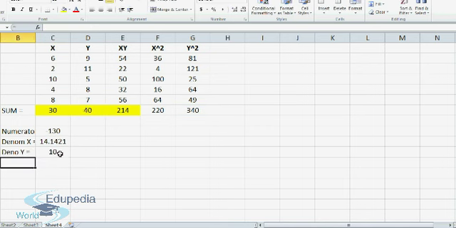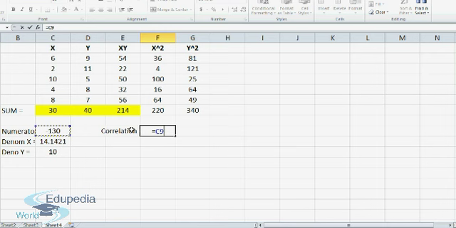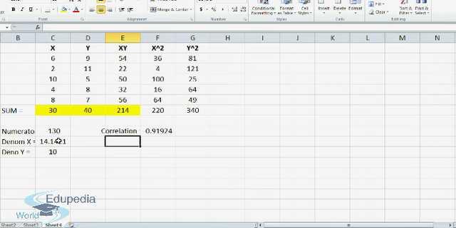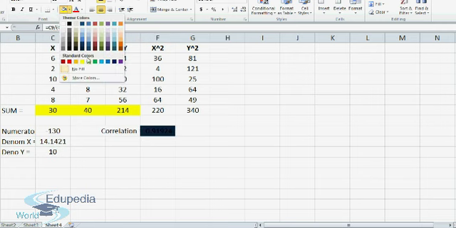Okay, so now our correlation value will be this numerator divided by the product of the denominators. Voila, you see that the values are the same as we got in the previous method.